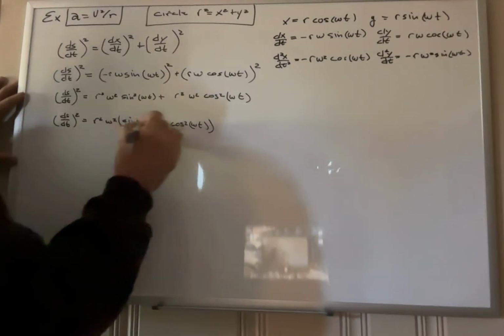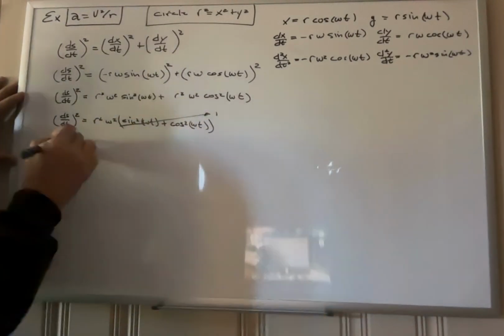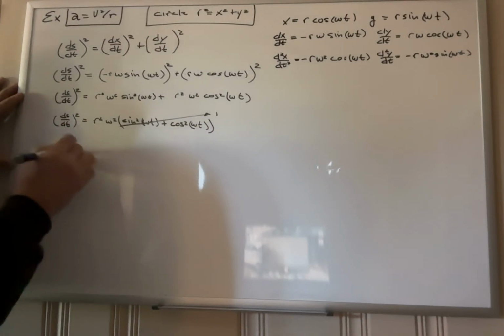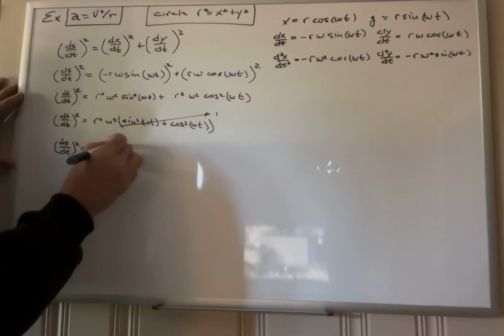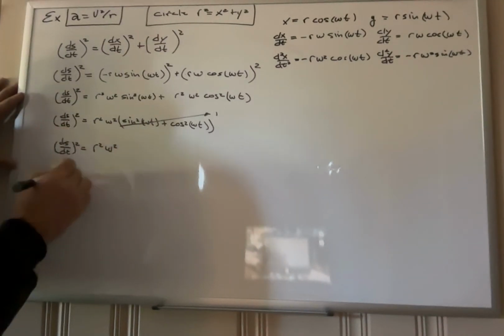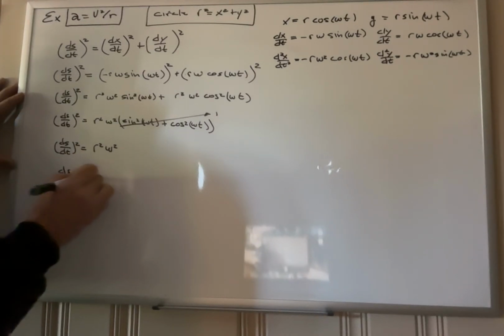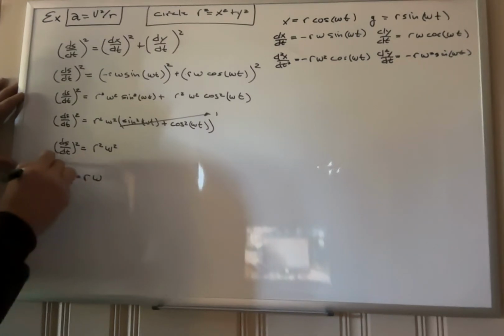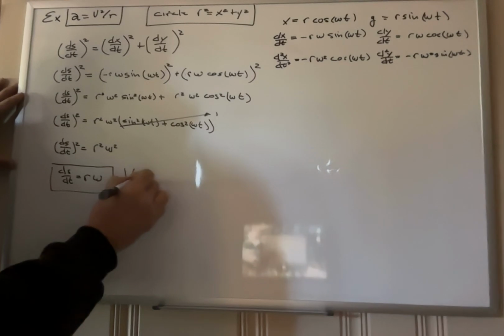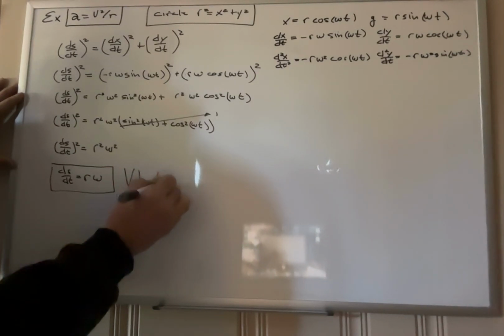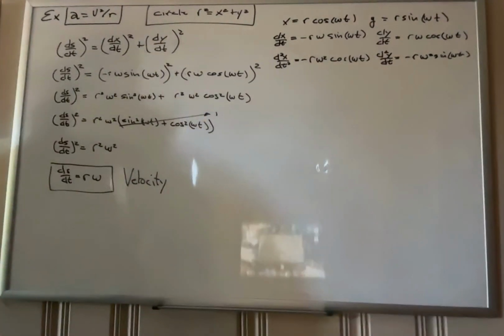And we know that this is a trig identity, equal to 1. So (ds/dt) squared is equal to r squared w squared. Taking the square root of both sides, we have ds/dt equal to rw. This is our velocity in this particular case.